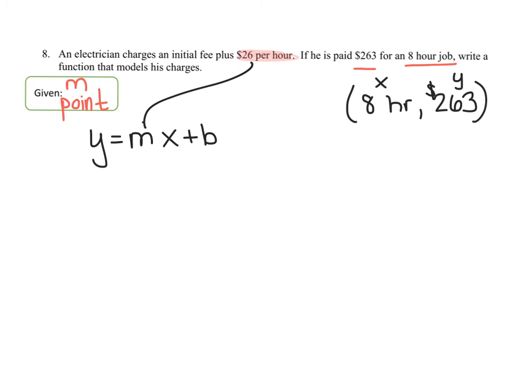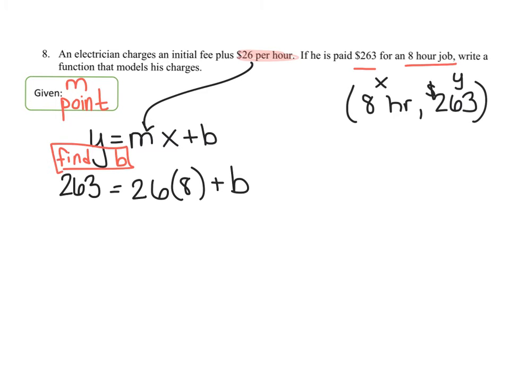I know my slope, so I'm going to fill in 26 right here. And since I'm given a point, I need to substitute 263 in place of the y. x is 8, and I don't know b. So this is going to help me find b.